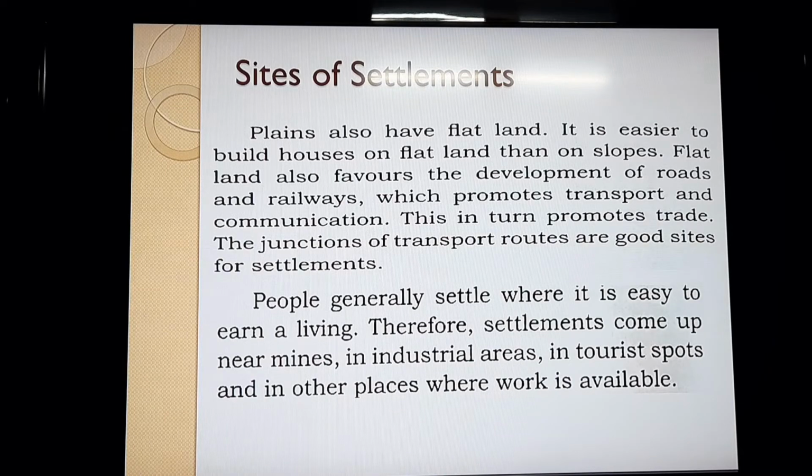Okay, so the main tendency we have seen is that people generally settle in those areas where earnings for living are easily available, wherever mines, industrial areas, or tourist spots are there, because plenty of work is available and people can earn from that work. So people get settled in those specific areas.